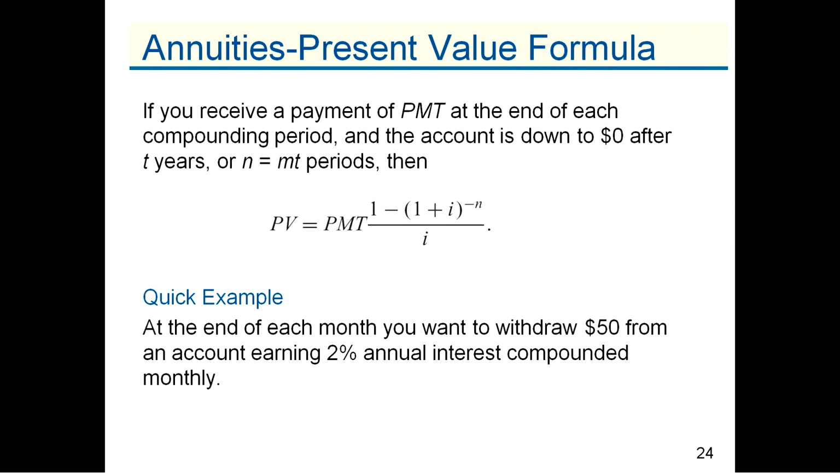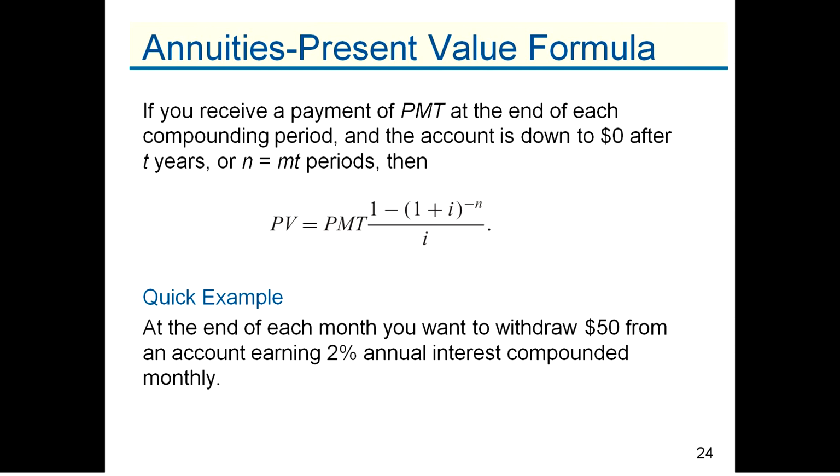So this is the same formula. That means if we're receiving a payment at the end of each compounding period, the account will be drawn down to 0 in t years, or after n periods, which is mt. That gives us the total number of periods.